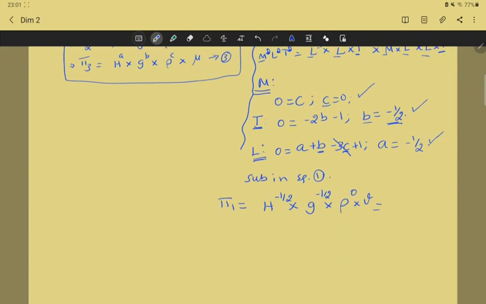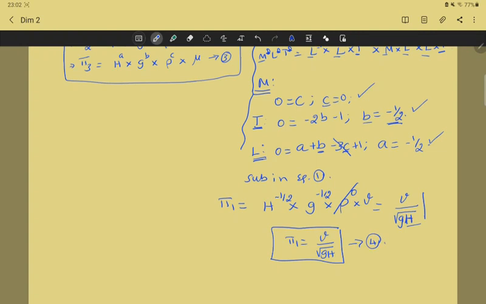Rho power 0 becomes 1. So it is v divided by h g power negative 1 by 2, which is nothing but root gh. So we have found pi 1: pi 1 equals v by root gh. Let us call this equation 4.